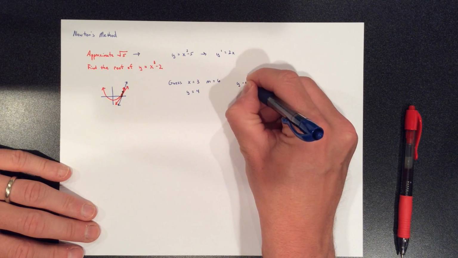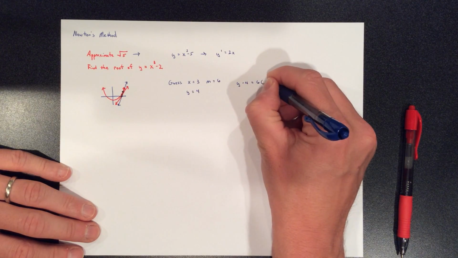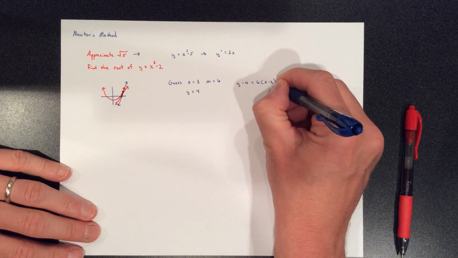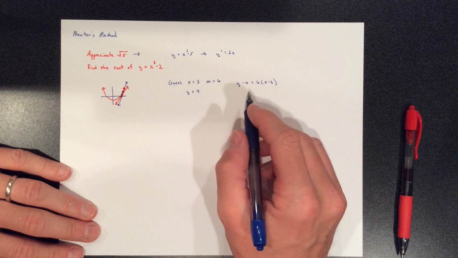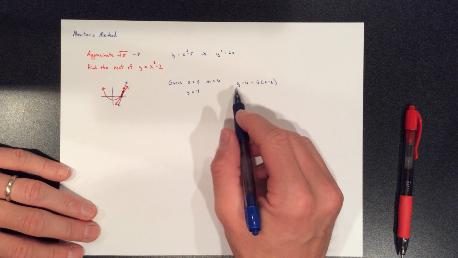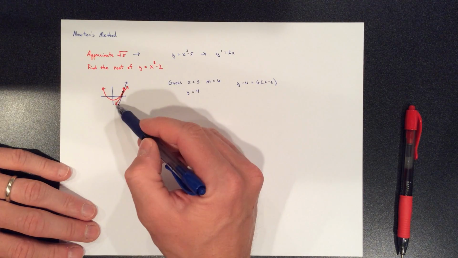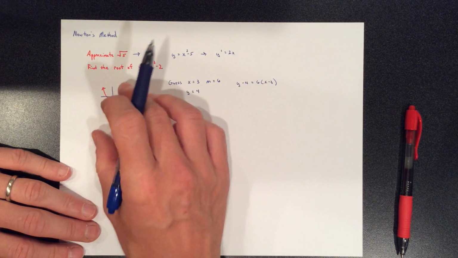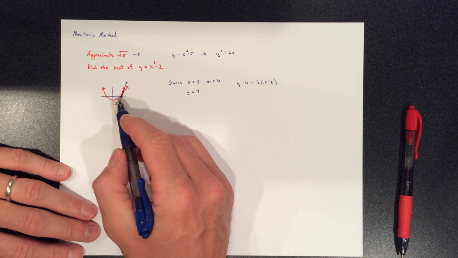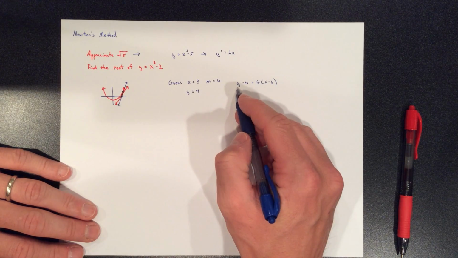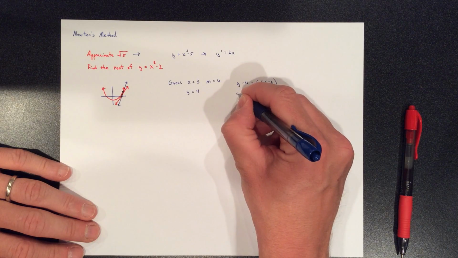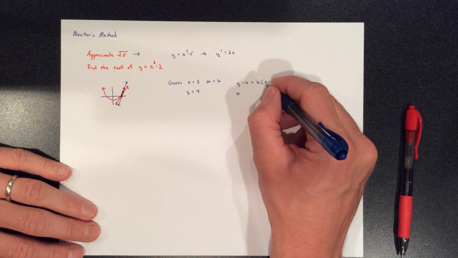Y minus 4 equals 6 times x minus 3. Okay, and what am I going to do here? This is the equation of the blue line. And I want to find the 0, meaning the root of the blue line. The blue line's root is when y equals 0. So I'm going to plug 0 in for y, and I'm going to solve for my new x value.